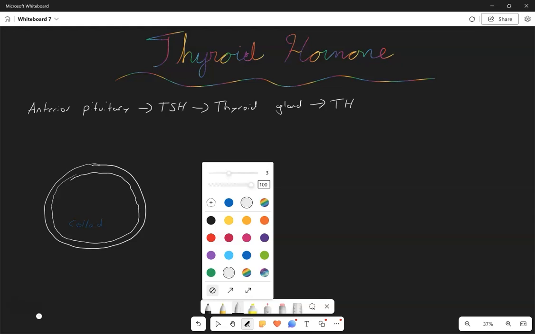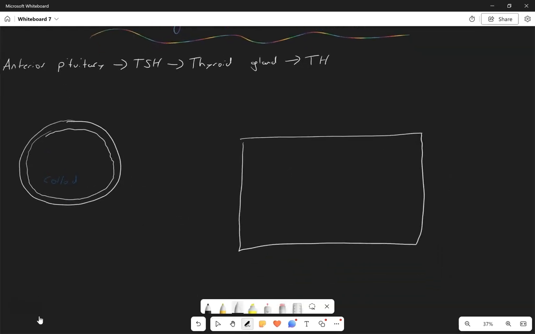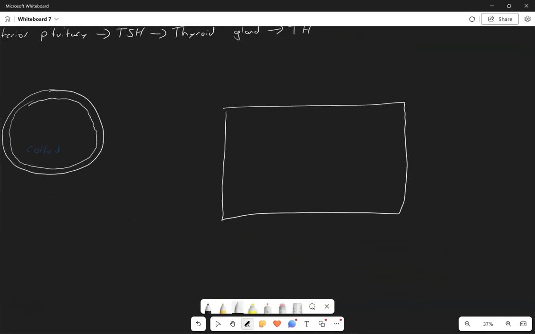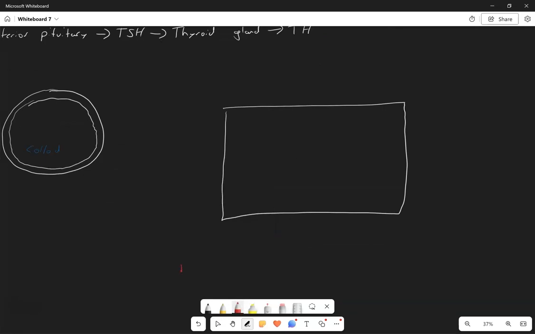So what I want to do is I'm just going to draw one of these follicular cells really big, like this. Erase that over there. Okay, and what we're going to do is we are going to say that our blood is down here.